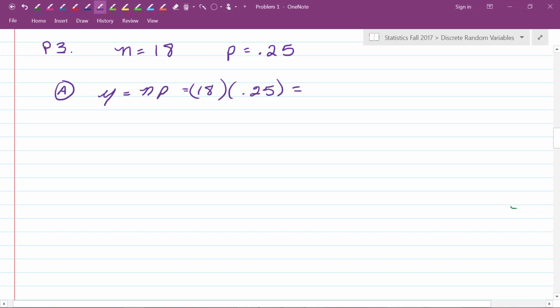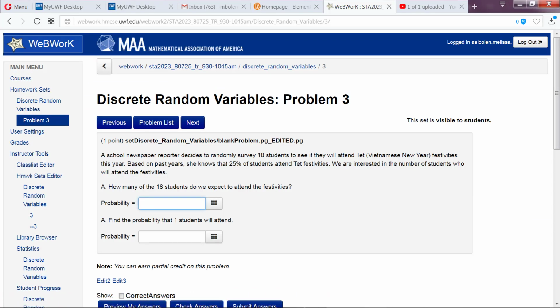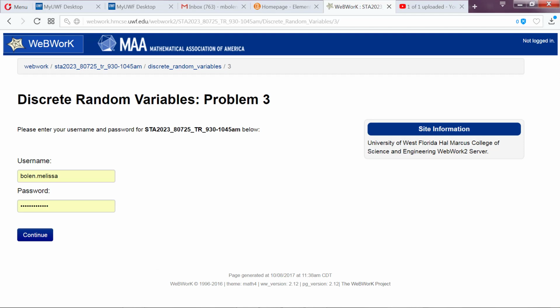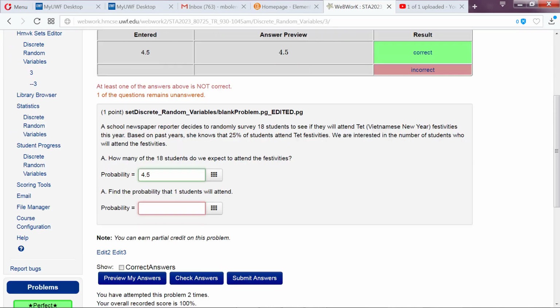We grab our calculator and put in 18 times 0.25, and that is equal to 4.5. So our expected value is 4.5 people, and it says that it is correct.